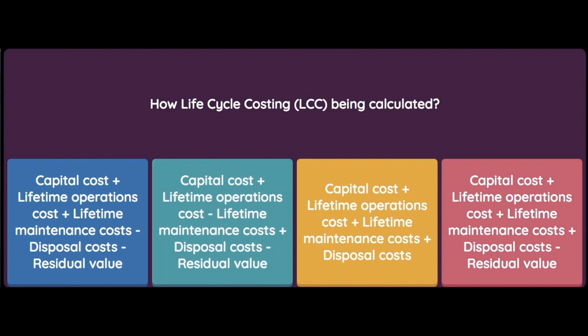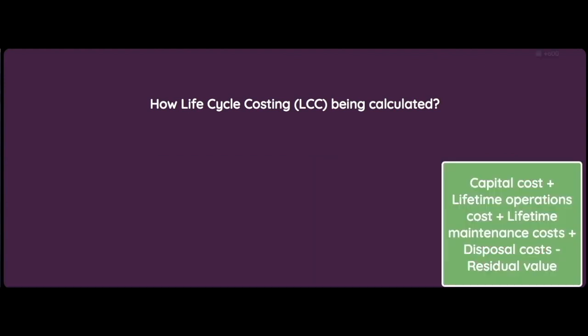So guys, which do you think is the answer? The answer is number 4, which is capital cost plus lifetime operation cost plus lifetime maintenance cost plus disposal cost minus residual value.